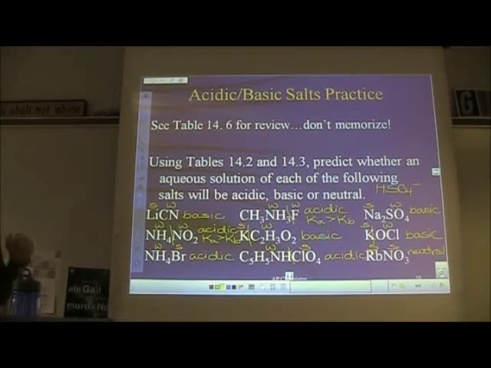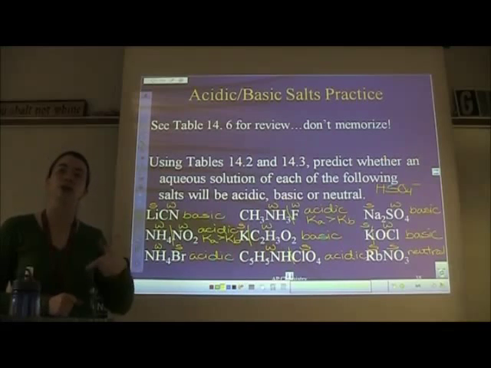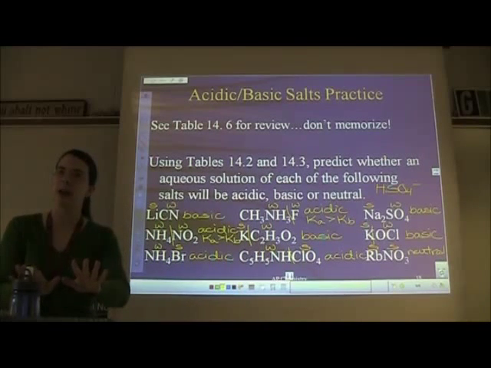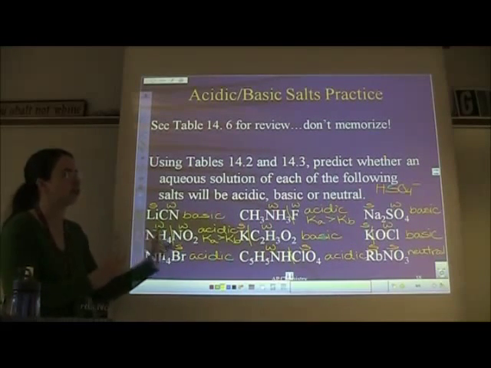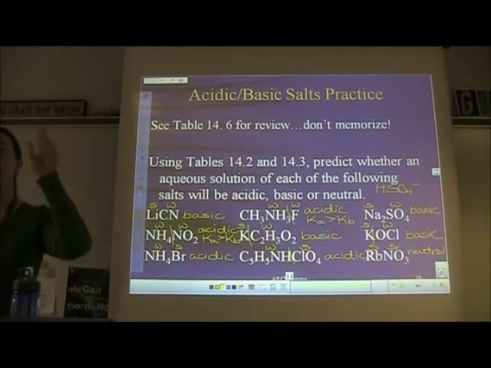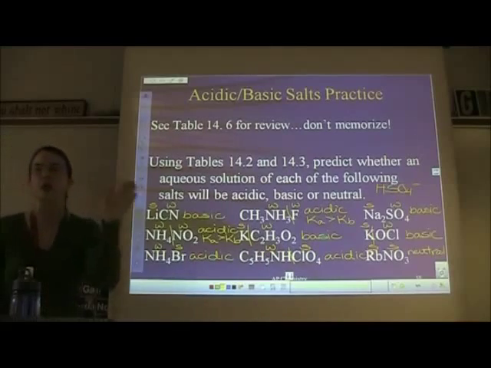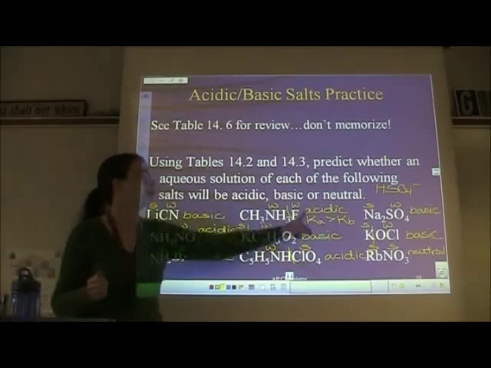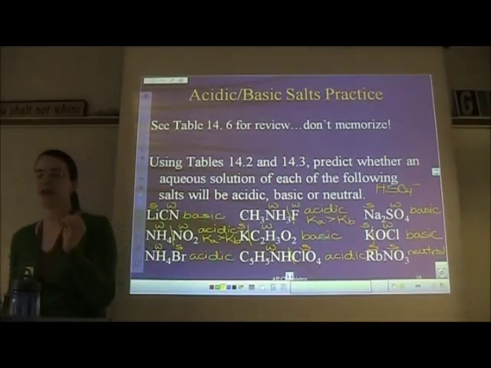When you get to free response, you'll be asked to do calculations, but be aware, the only types of salts that you do calculations for are either strong weak or weak strong. Strong strong, pH of 7. Weak weak, you need more information, so you won't be asked to calculate anything.